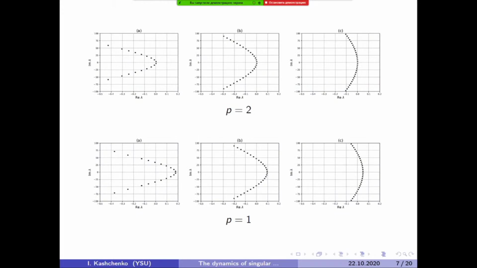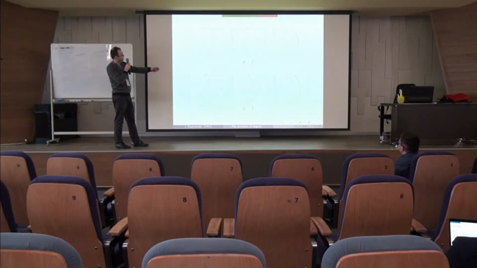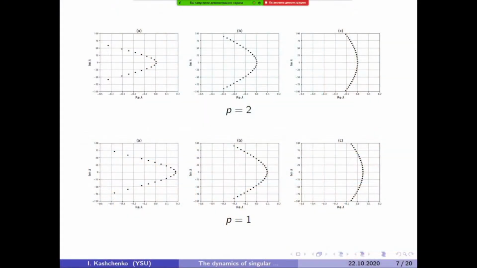Here you can see the points of the spectrum, the roots of the characteristic equation, in the situation when p equals 2. Here from left to right, epsilon decreases and tends to 0. As you can see, many roots come to the imaginary axis, and the roots located close to the imaginary axis, in the center, have small numbers n.